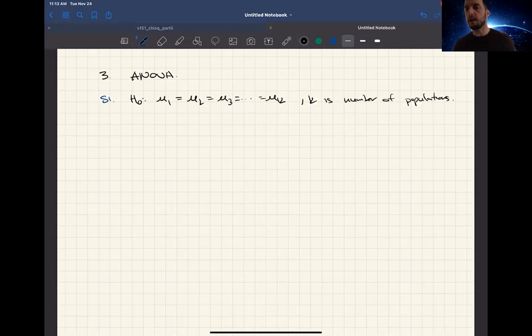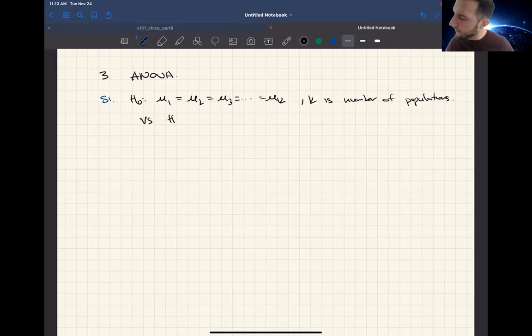Suppose you had 5 different population means and wanted to determine if there was a difference among them. Maybe mu1 is different from mu2, mu1 is different from mu5, mu2 is different from mu3. If some difference exists within that set, this would be the test that we use. So it's a general test for differences among multiple means.